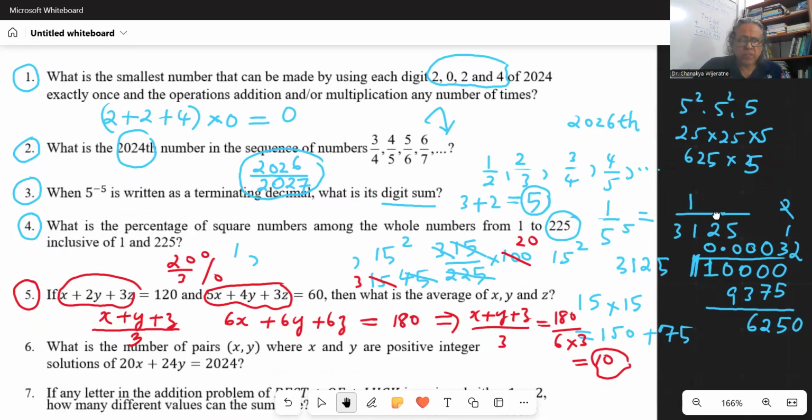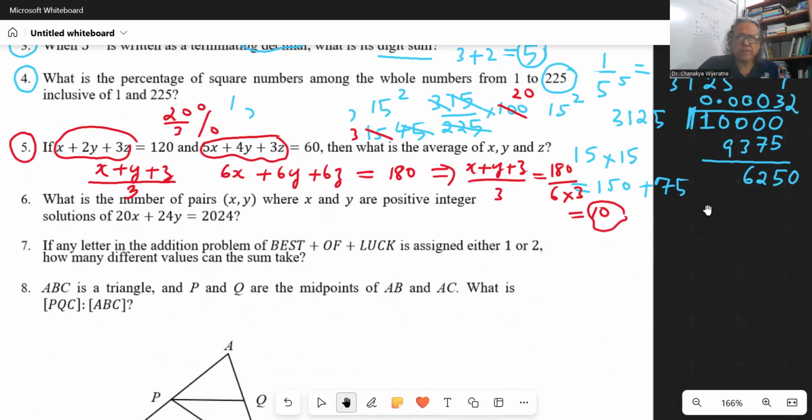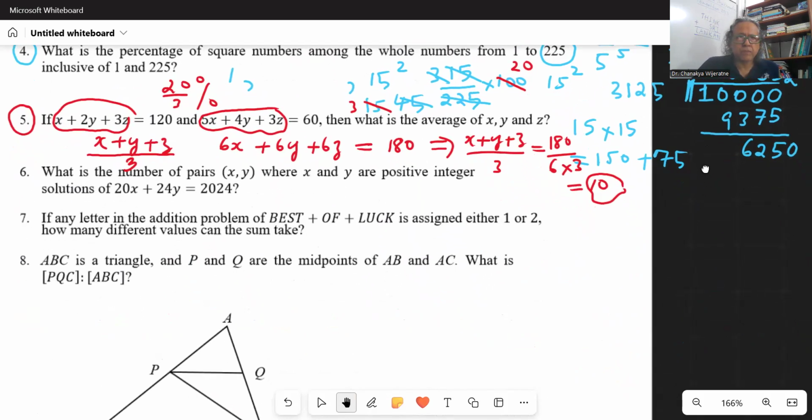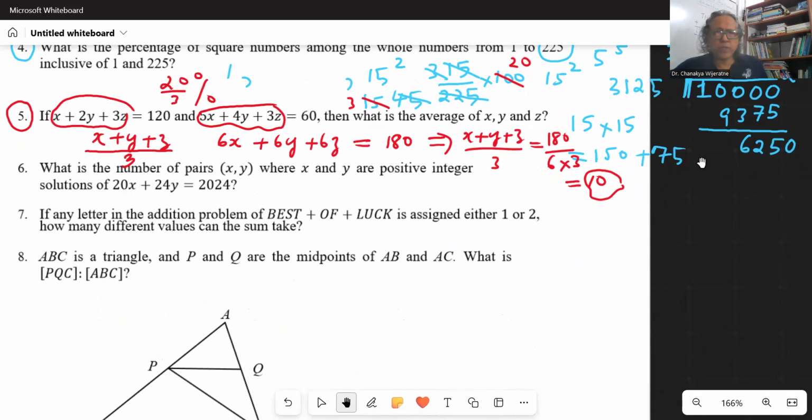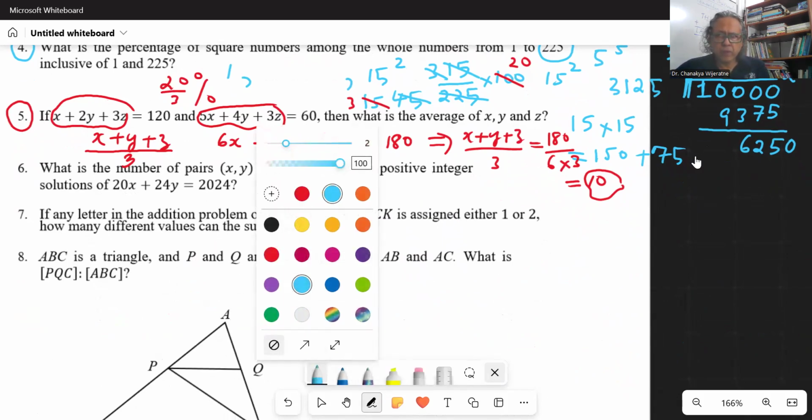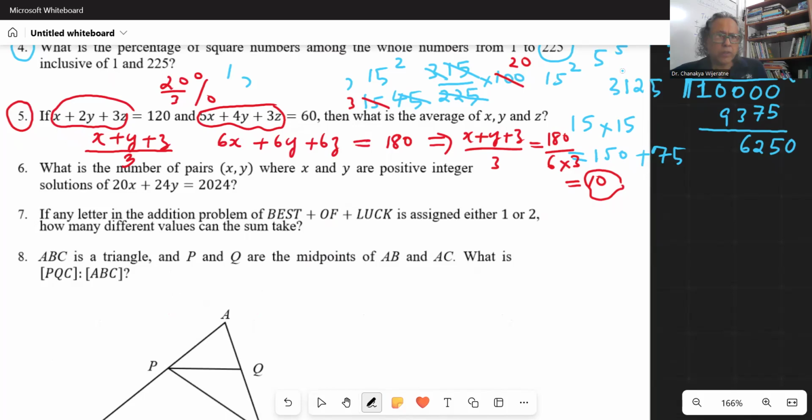So let's go to the next question, number 6. Let's go back to my cool color, light blue. Here we have to find the number of pairs x, y, where x and y are positive integer solutions of 20x plus 24y is equal to 24.